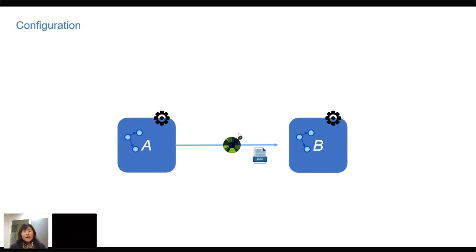If you have hundreds of microservices, you also want to use best practices, like the 12-factor app. In the 12-factor app, the third factor is configuration. Basically, it means externalizing your configuration.